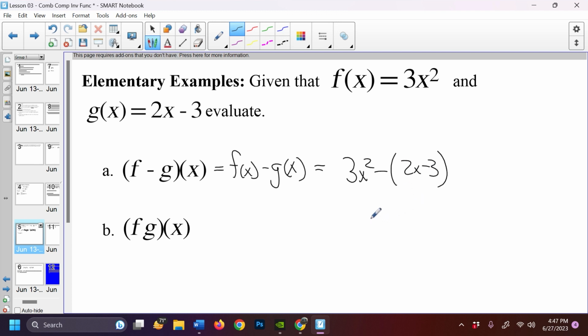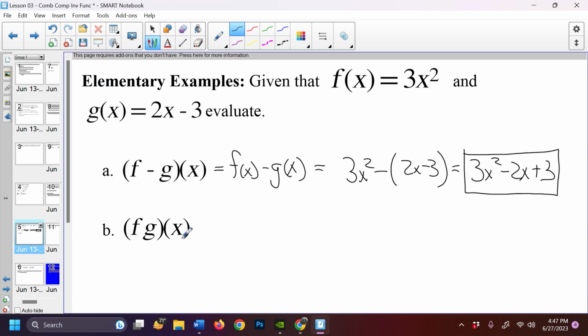And then to simplify that, I'm going to distribute the negative to both terms, which will give me 3x squared, minus 2x, plus 3. But none of these terms are like terms, so they cannot be combined, and that is going to be my answer for that one. And again, these are elementary examples.